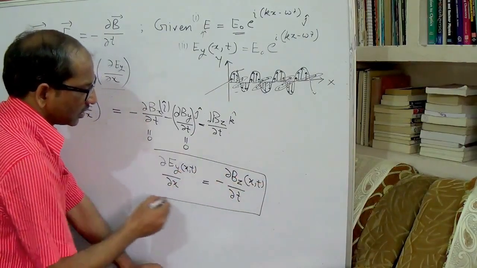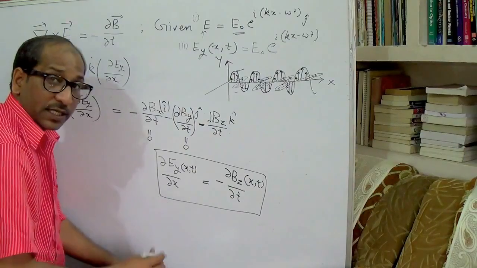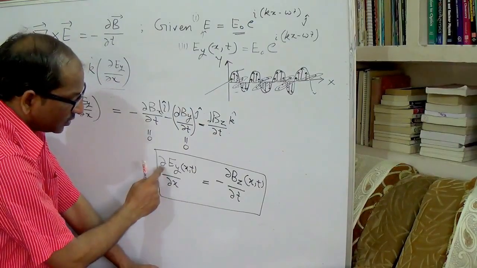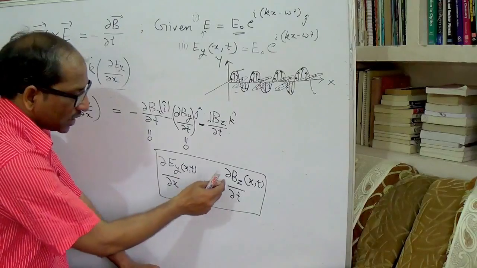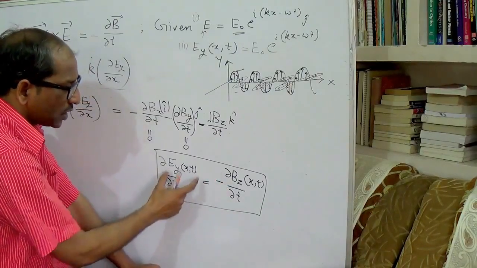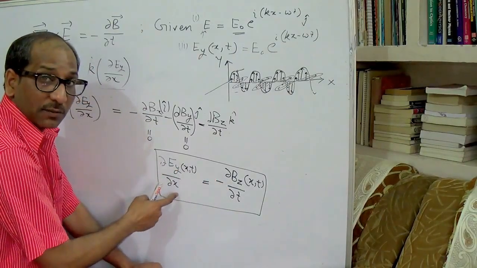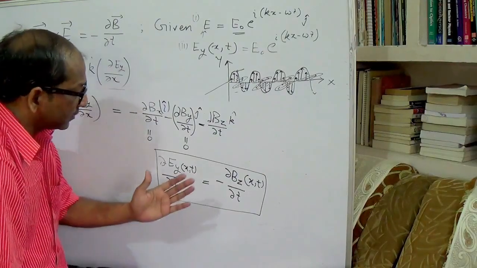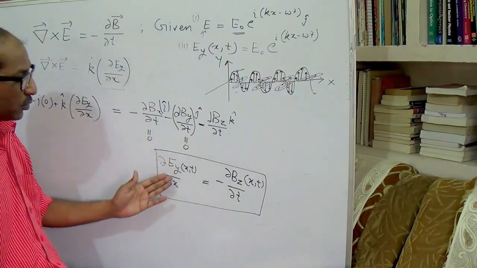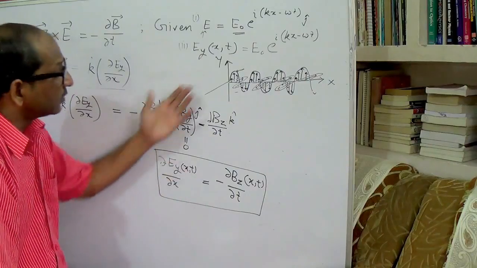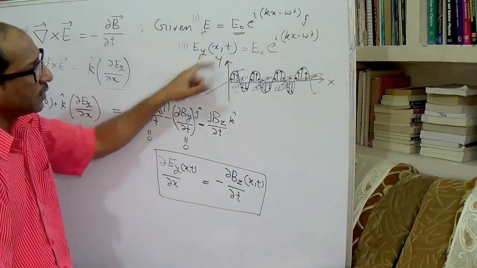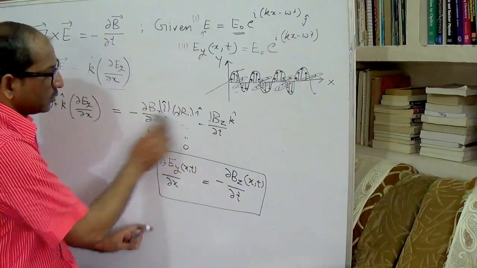Now I have this result. To find the value of Bz, first of all I have to simplify the left hand side, and for this I have to differentiate Ey with respect to x.